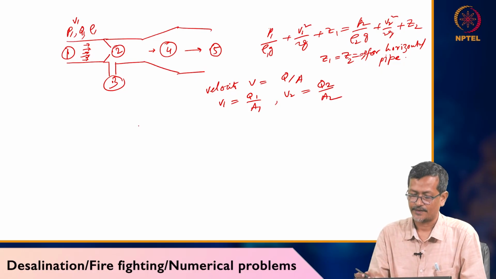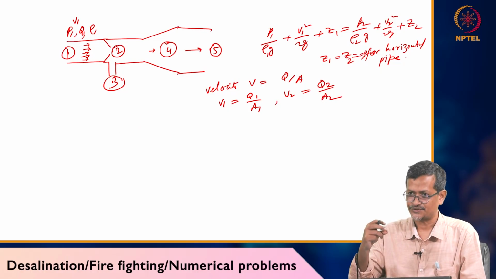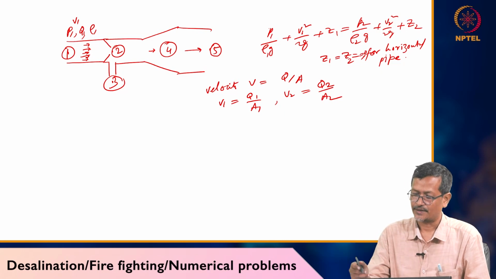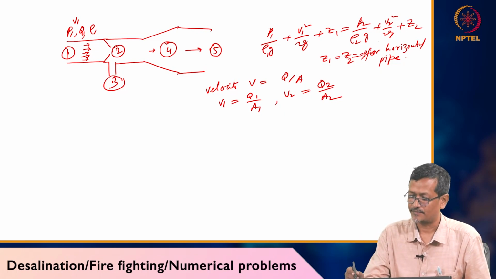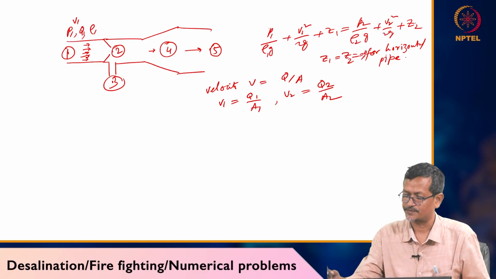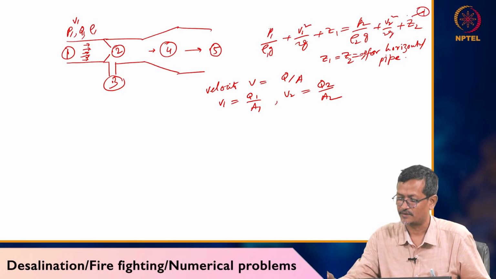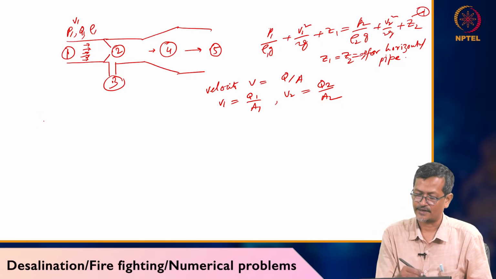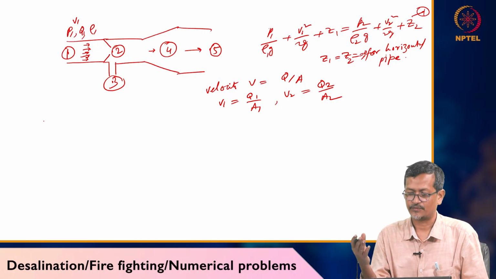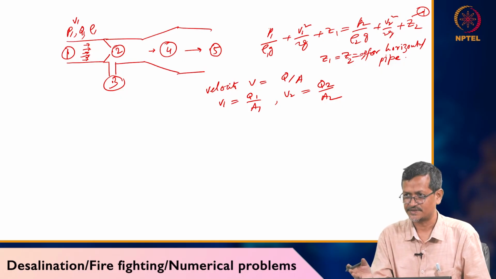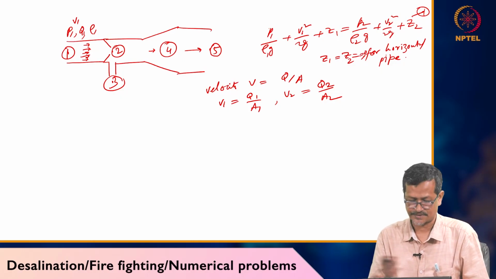At 2 the diameter changed, so the area changed. Now I can calculate velocity from this equation, which I can call equation 1. If I give you pressure you can calculate velocity, and if some parameter is missing you can calculate the other parameters.